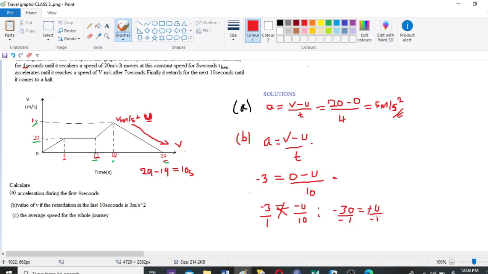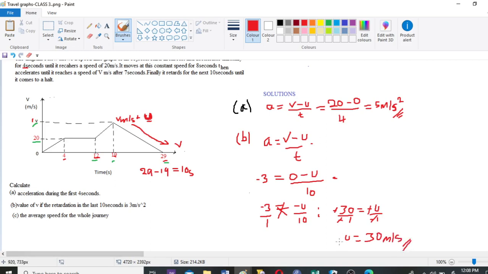So there you divide with negative 1 to give you a positive, and there you divide with negative, that will be positive, and finally your u will be what? 30 meters per second, isn't it? So this is our u.